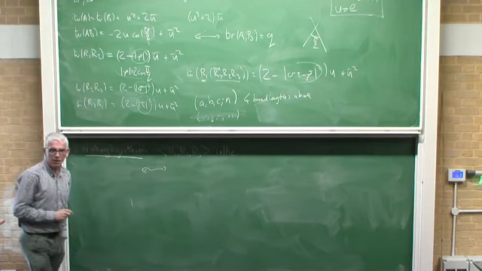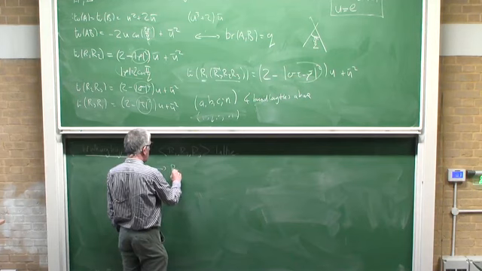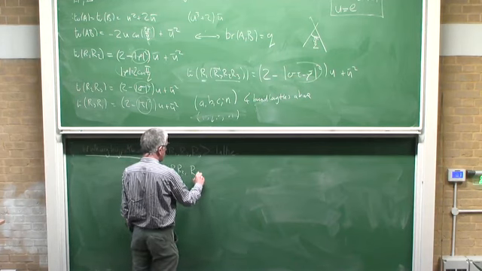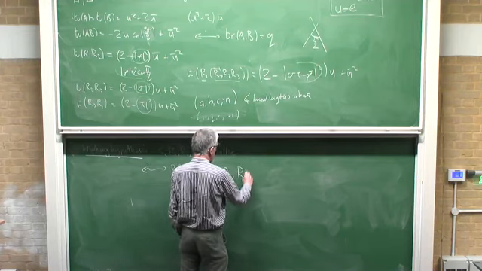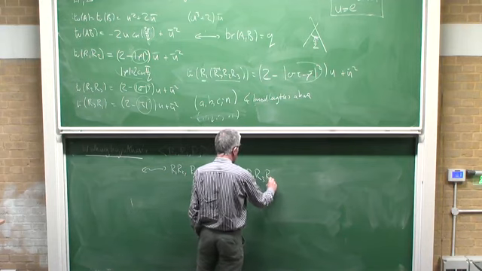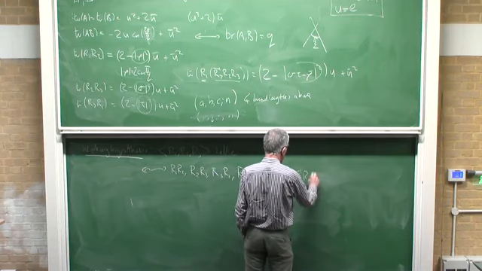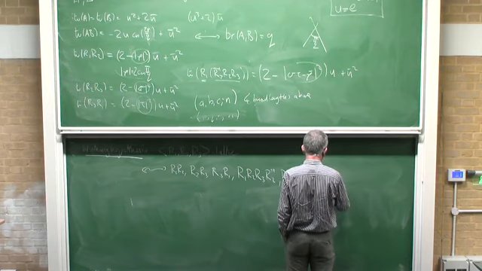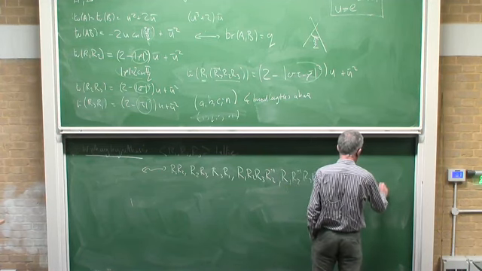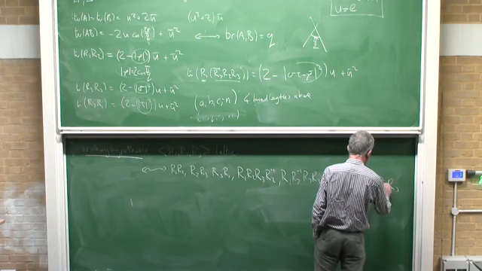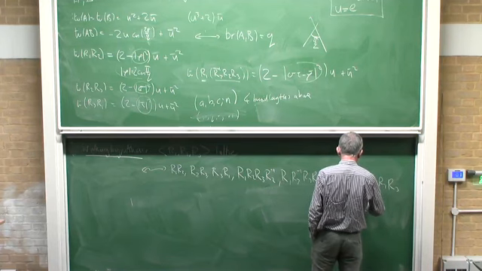I won't quite say if and only if, but it should be if and only if R1 R2, R2 R3, R3 R1, R1 R2 R2 inverse, R1 R3 inverse R2 R3, R1 R2 R1 inverse R3 R1 R2 R3 all have finite order. Well, I should say, non-boxed together.